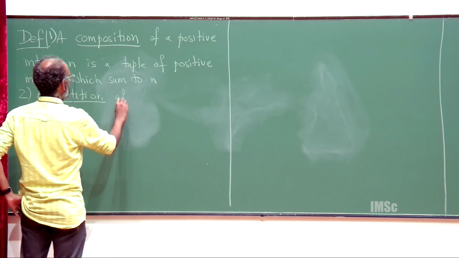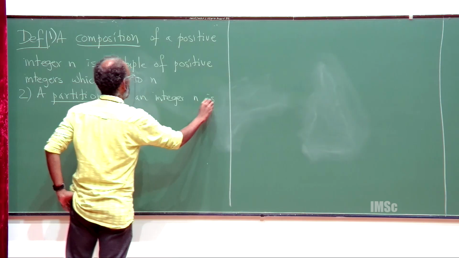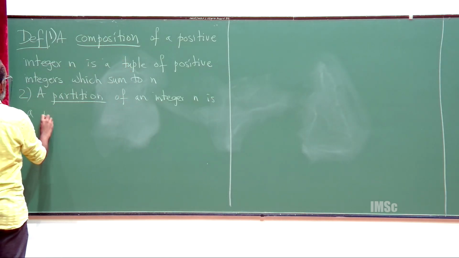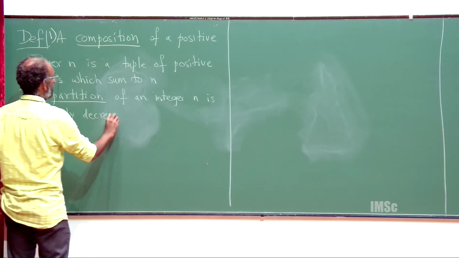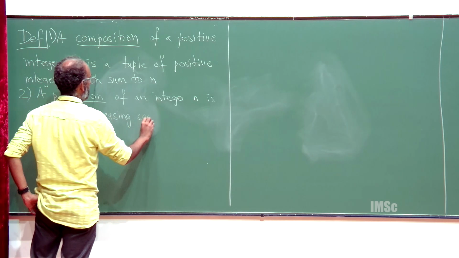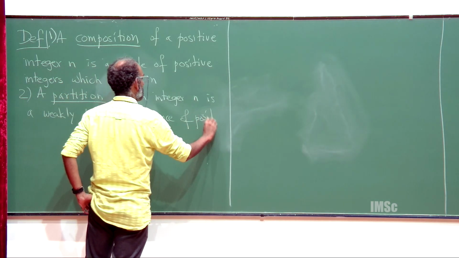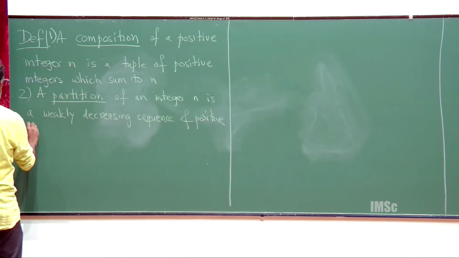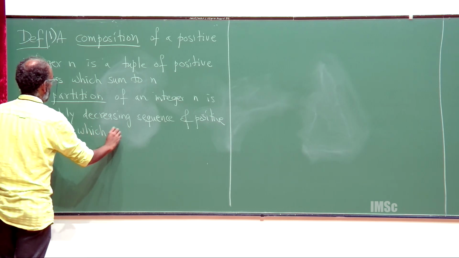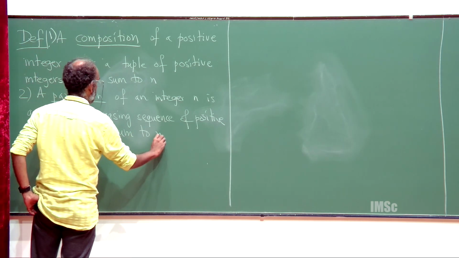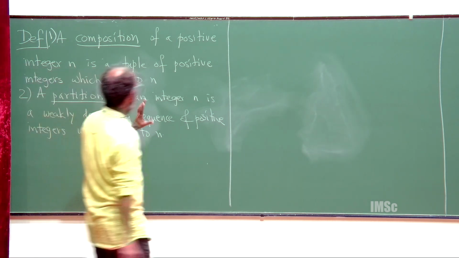So a partition of an integer n is a weakly decreasing sequence of positive integers which sum to n. Okay, so the two definitions look very similar, right? But they are different, and let's do some examples.